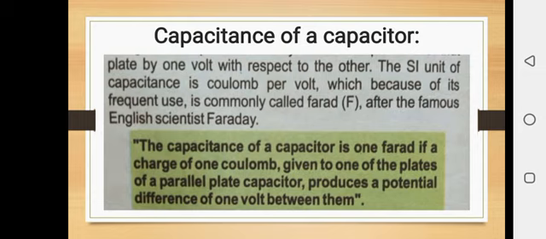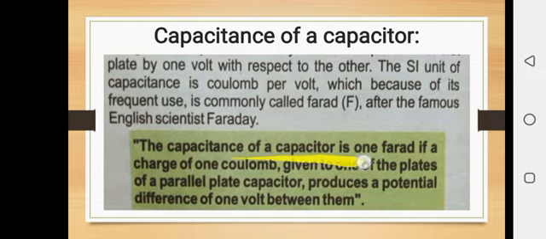Now we are going to define farad. We have discussed the SI unit of capacitance, coulomb per volt, and it is often known as farad. Just like we learned about potential difference and then defined volt, in the same way, what is farad?